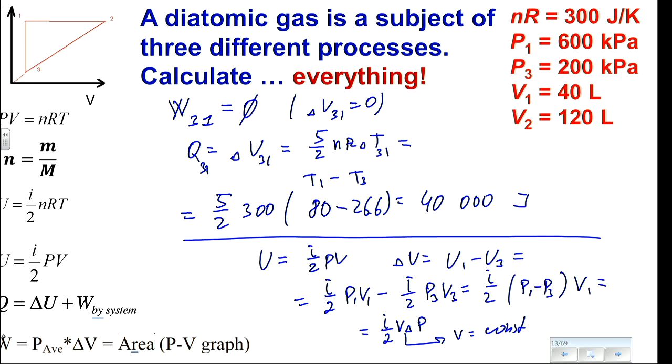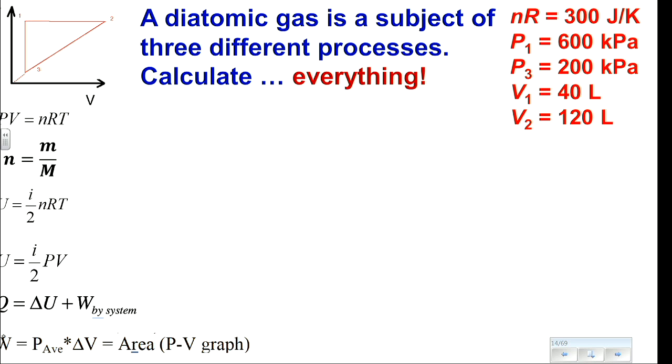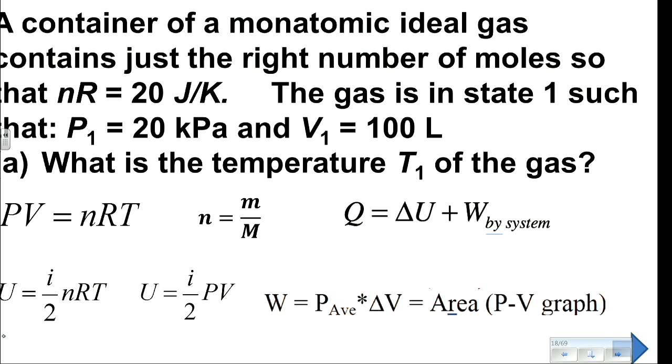So the work will be zero, but if the volume doesn't change, but pressure changes, temperature must change as well. And if temperature changes, the internal energy must change with the temperature. And already we found everything, so we can just move on to the next problem.